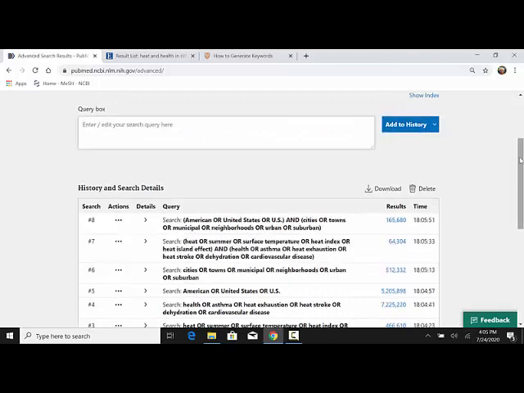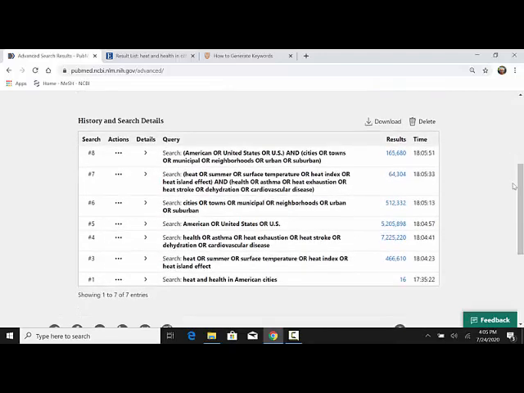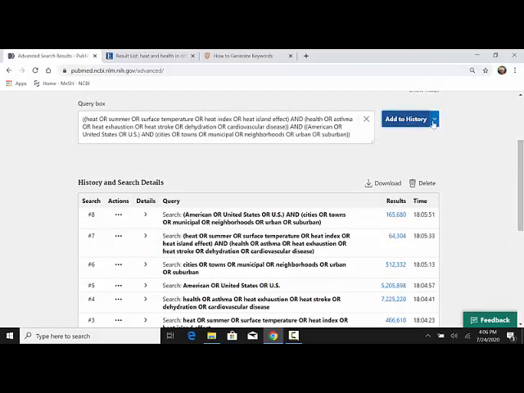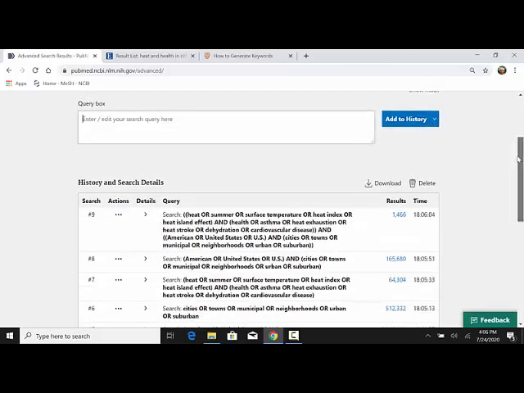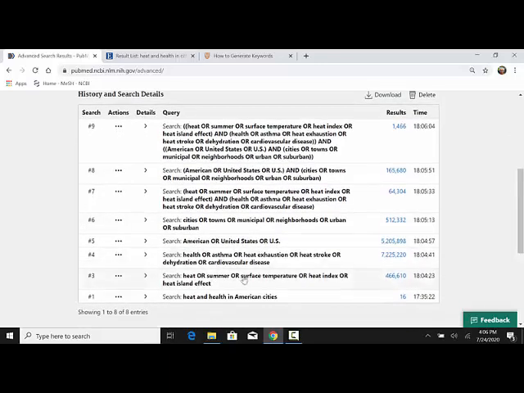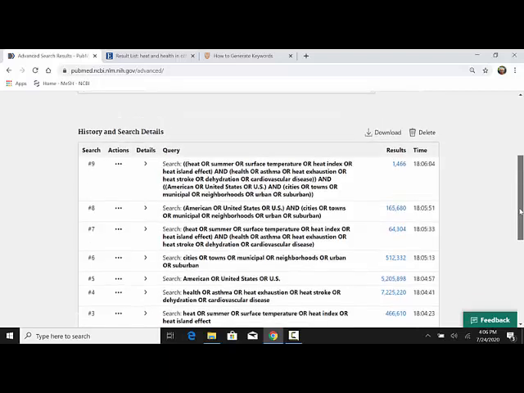I'm going to add that to the history, and we're down to 165,000. And now I'm going to put together the whole thing with AND. You can see what that looks like in the query box, and when I add that to my history, in fact, there are way more than 16 things in this database, PubMed, that have to do with heat and health in American cities. Now that I broke it down into subtopics and then expanded each of those subtopics with some related terms.